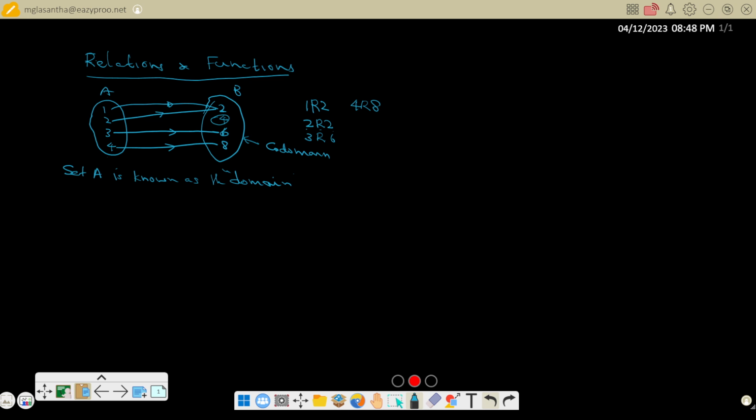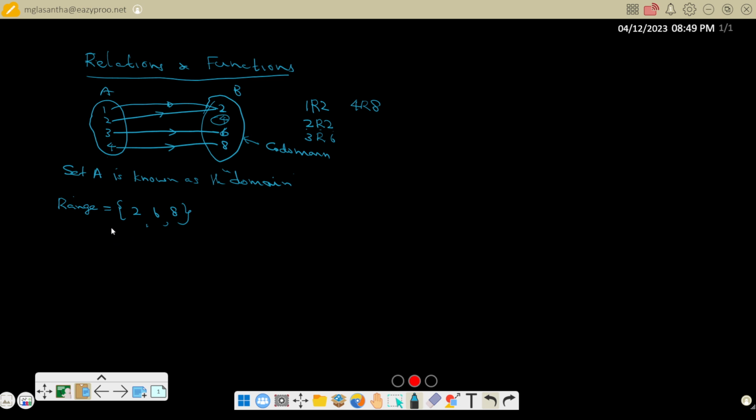Then what is the range of this relation? Range is actually 2, 6, 8. Right?